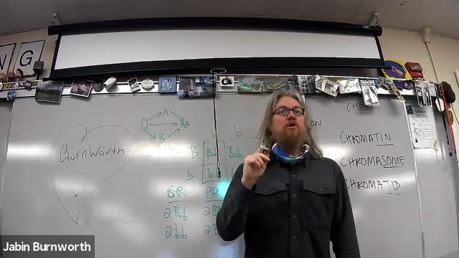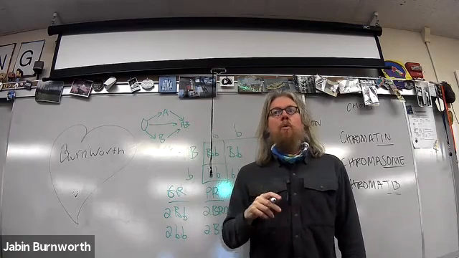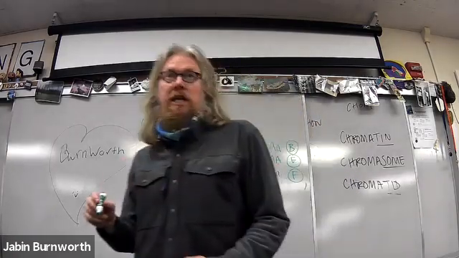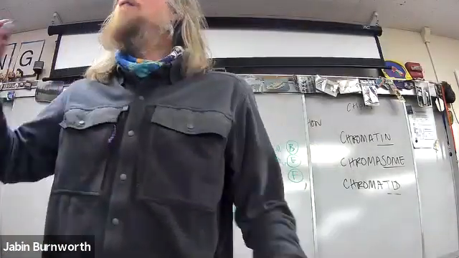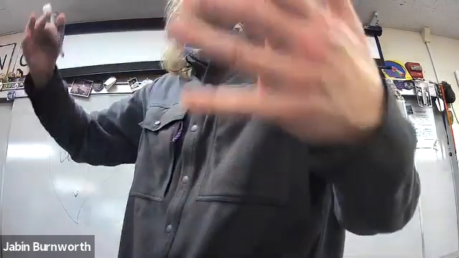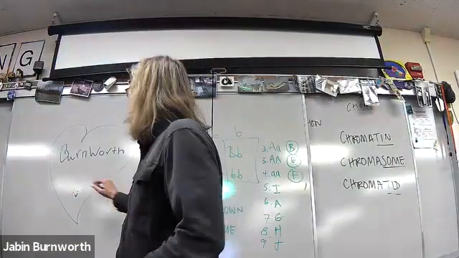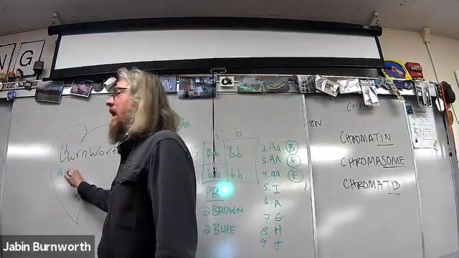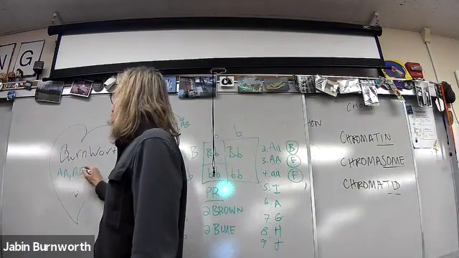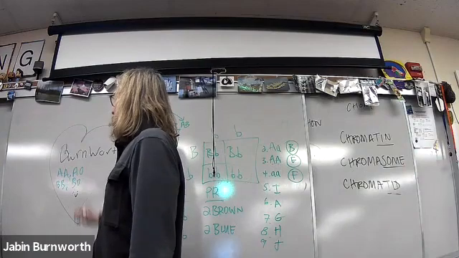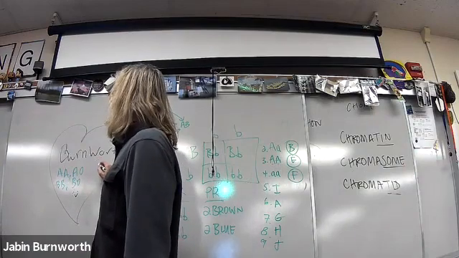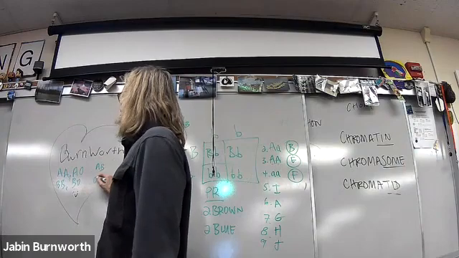But this is a genetic thing too. We get one of our alleles or one of our genes for blood type from our mom. We get one of our genes or alleles from our dad, right? So our options could be A, O, B, O, or AB or OO.